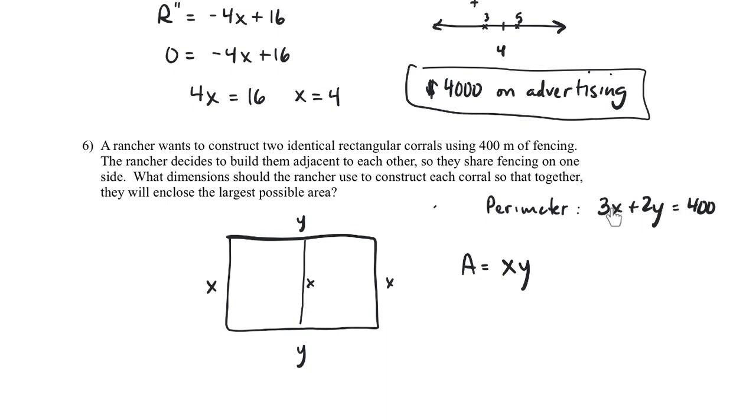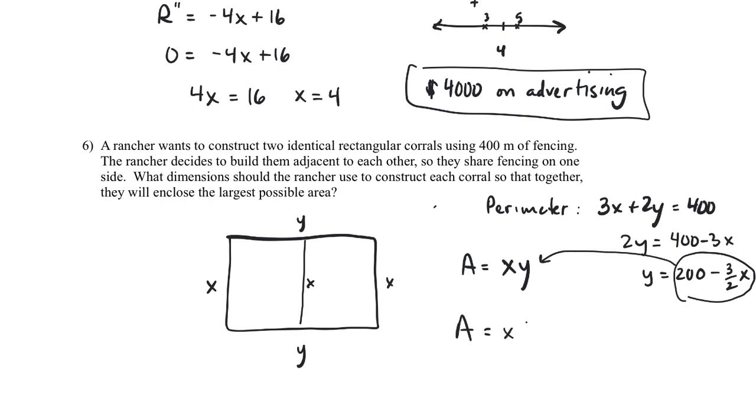If I want to get y by itself, I could subtract 3x and then divide by 2. And then I could take this expression for y and plug it in there. So then the area is that.